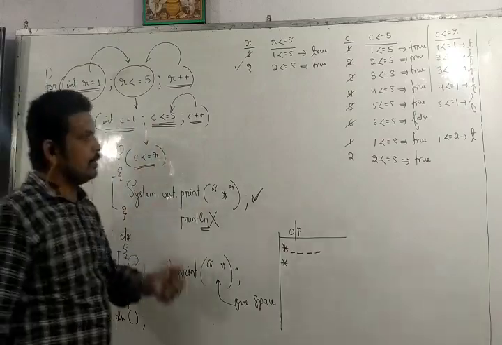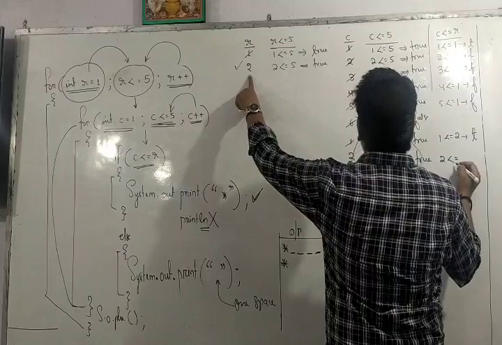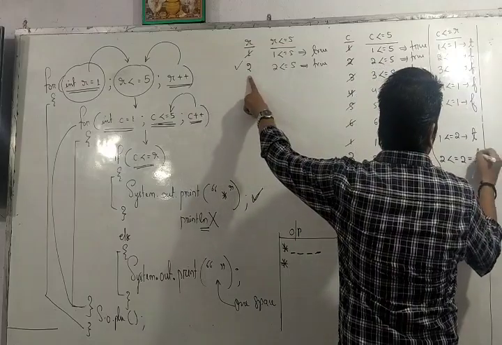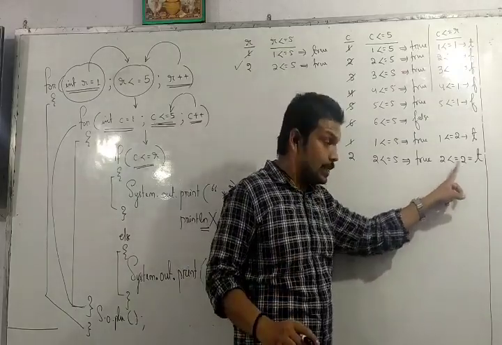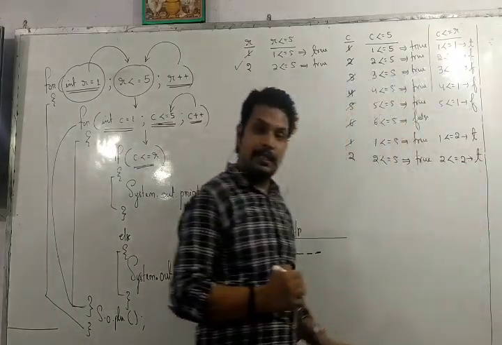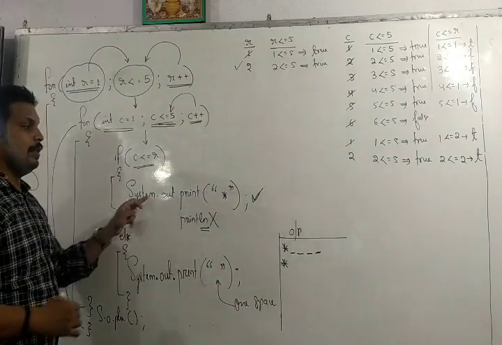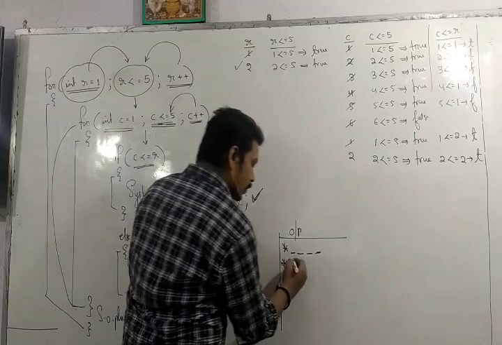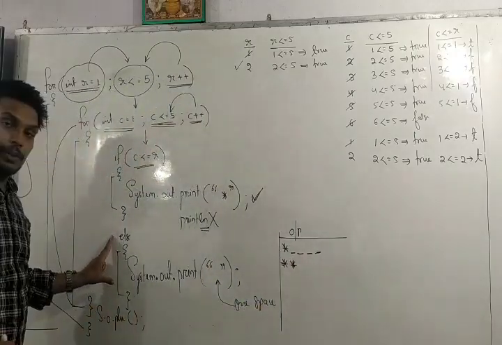Then C less than or equal to R. C means 2. 2 is less than or equal to R. R is 2. Is 2 less than 2? No. But is 2 equal to 2? Yes. So we are getting true. If we are getting true, then this line will be executed, I mean, a star will be printed. And then the else part will be ignored.